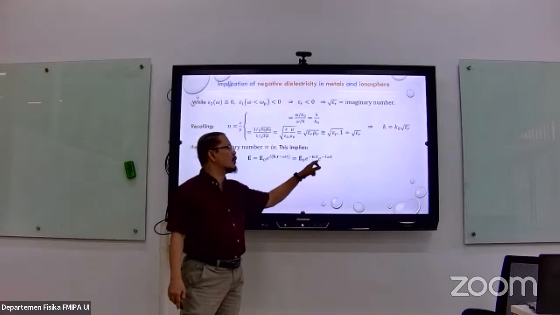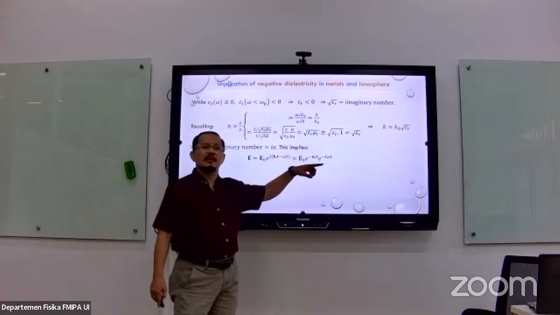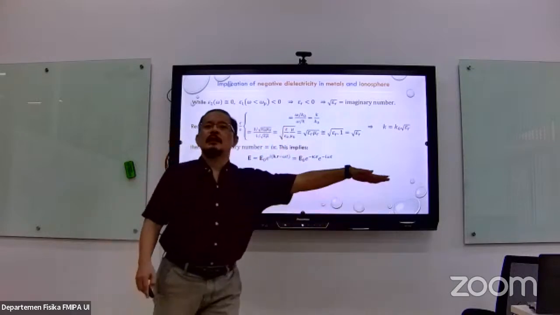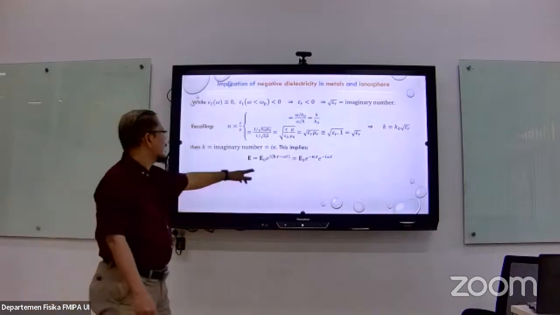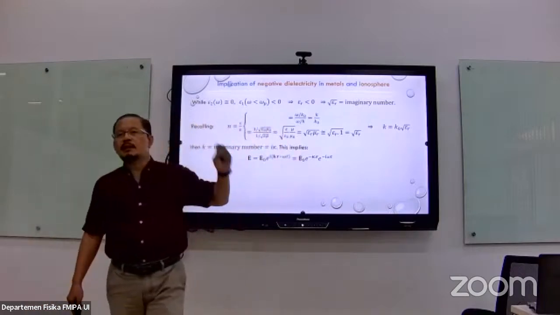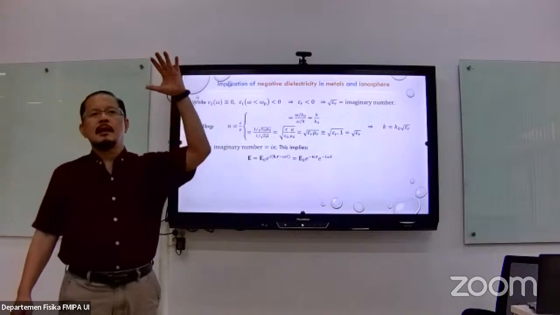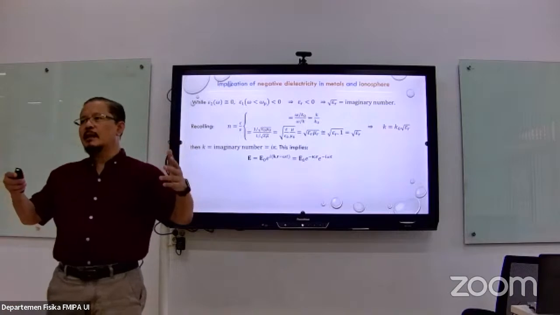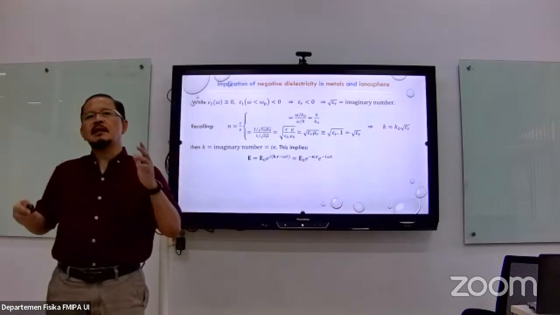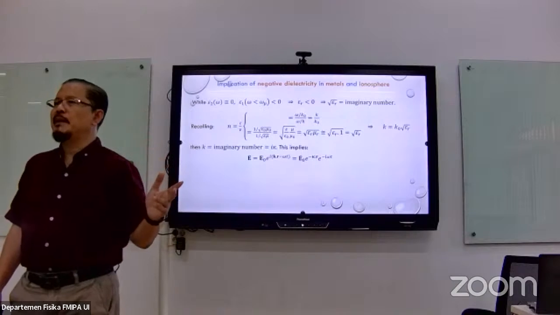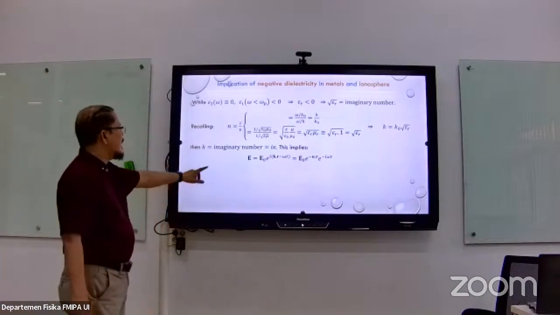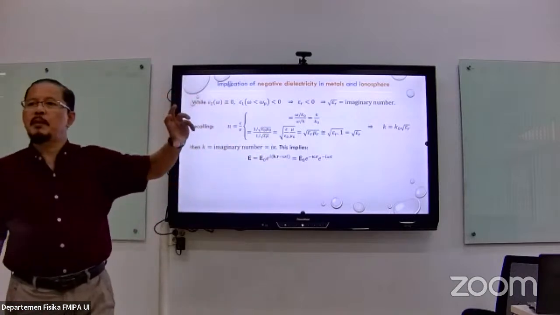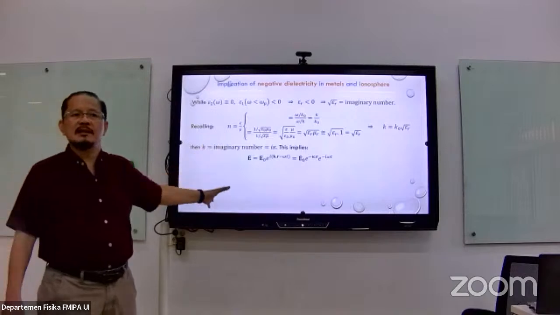So we still have the oscillatory behavior for the time dependence, but not for the r dependence. So the r dependence simply immediately decreases. Okay. So this is the quantitative explanation of why metals reflect light, especially light of frequency less than omega p.